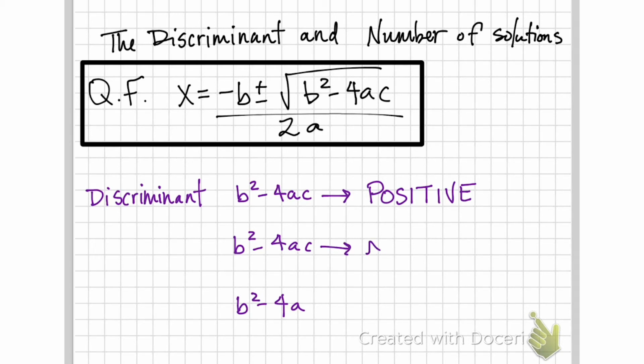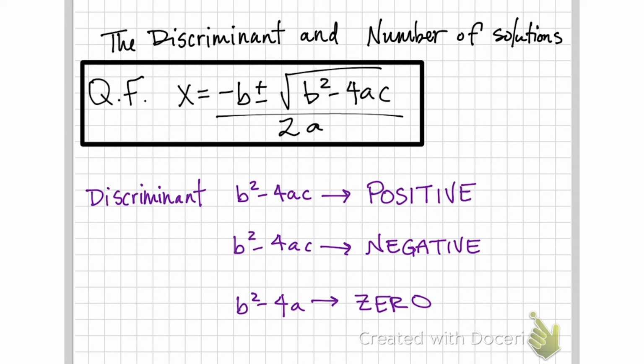It can be a negative number, less than 0, and it could potentially even equal 0.